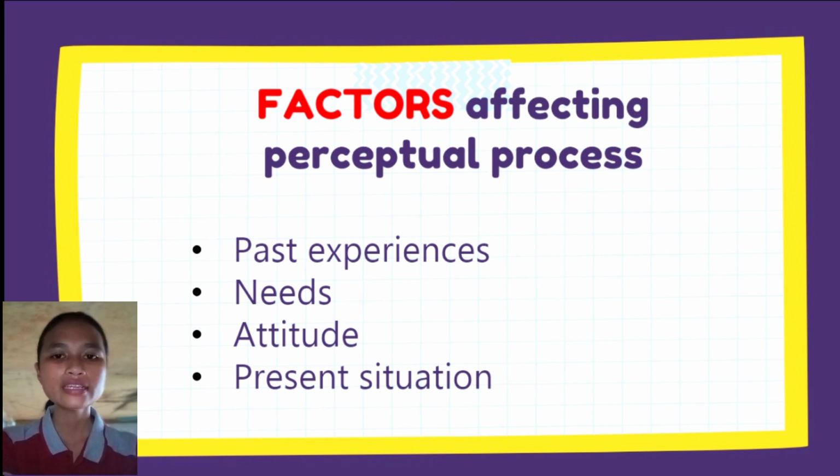The next day, there is another lecture in mathematics, and we already perceive that the mathematics lecture is boring. That is one example of how past experience affects our perception.